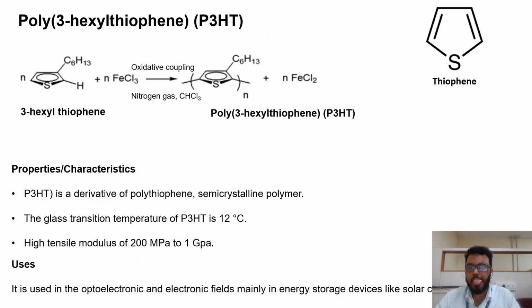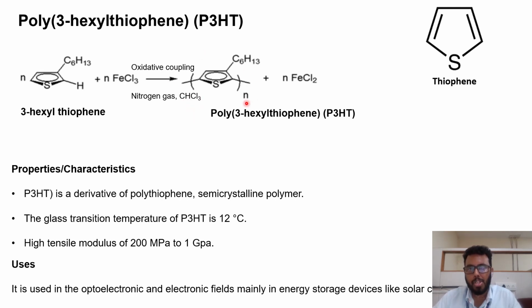Let's see one example, poly(3-hexylthiophene), P3HT, for the extrinsically conducting polymer. Here we are taking 3-hexylthiophene, which means a hexyl group will be present at the third position, 1, 2, and 3. The hexyl group, C6H13, is present. We are taking this one, and Lewis acid you are taking FeCl3, N moles, and then oxidative coupling will happen under nitrogen gas with chloroform, CHCl3.